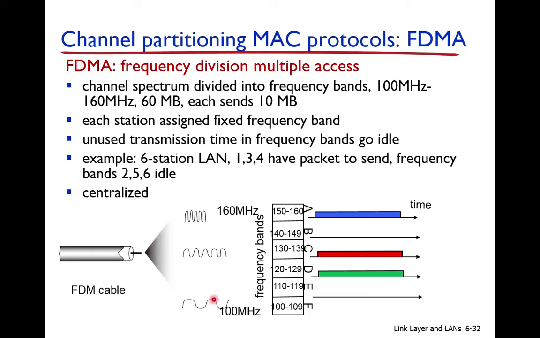Suppose it is transmitting the data between 100 megahertz and 160 megahertz. So the channel spectrum is from 100 megahertz to 160 megahertz. This is the frequency bandwidth.